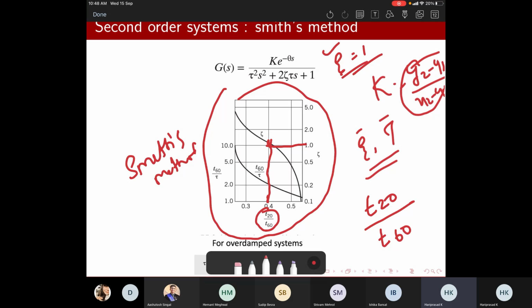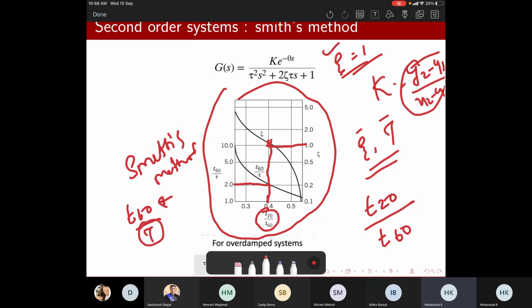So you have got your zeta. Now you need to get your tau. For the tau also, you draw this over here, and when it hits the y-axis, what you get is T60 by tau. You already know the value of T60 because that's what you used here. Then you can isolate the tau.